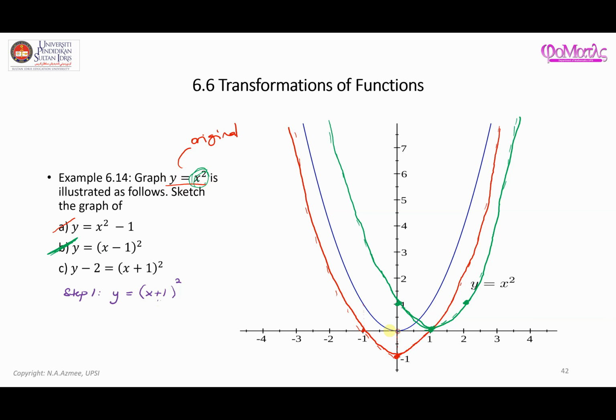If this is the point, it will be at this point, 1 unit to the left, and this point will be translated to this point. So basically this is my (x plus 1) squared, just moving it 1 unit to the left.